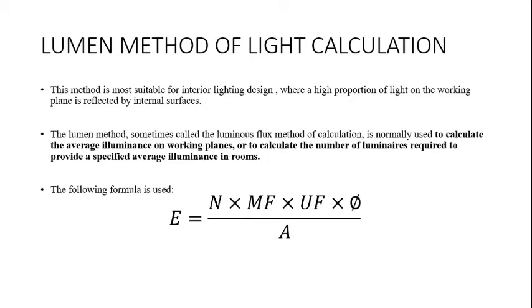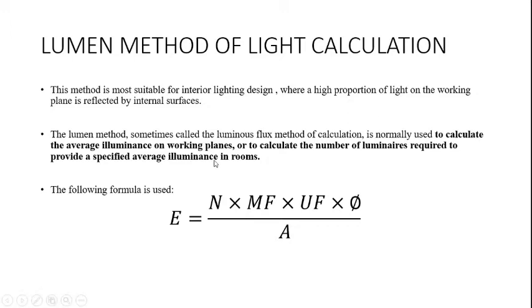Also, if you have the required illumination level on a working plane, then using this method you can find out the number of luminaires required to provide that required illumination on the work plane.